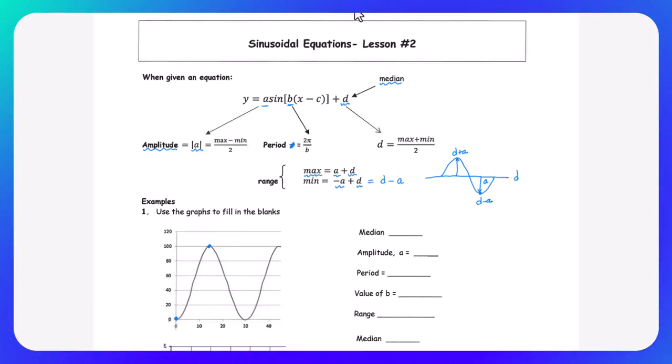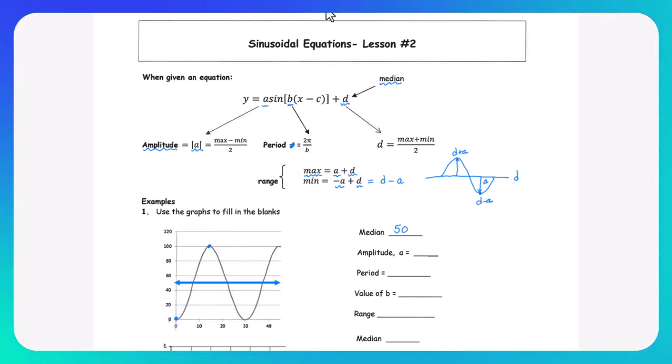For instance, I know halfway between 0 and 100 is 50. So I can say the median is at 50. And that would make the amplitude 50 as well, because from 50 to 100 or from 50 to 0, it's also 50. So that means the a value is 50.